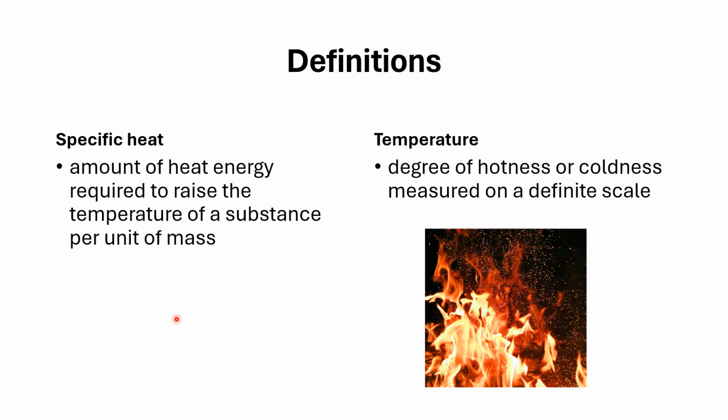That is what is defined as specific heat. Another is temperature. Temperature is the degree of hotness or coldness measured on a definite scale. The scale can be Fahrenheit, Celsius, or Kelvin. These are two basics, but we need to start with this and slowly move into the advanced part.